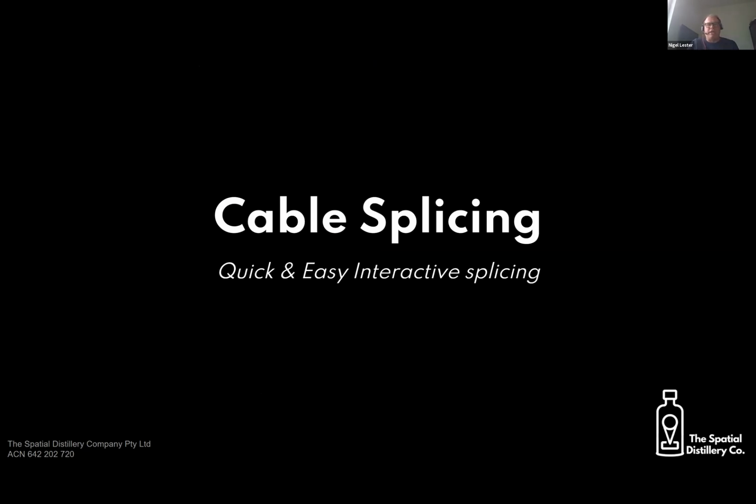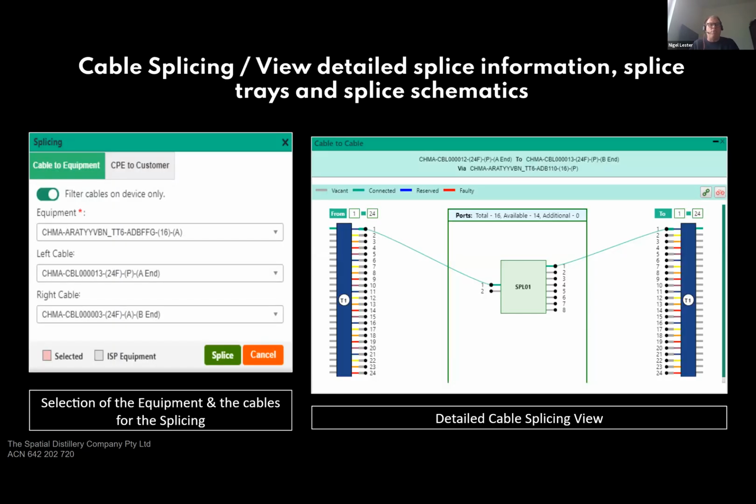One of the other really great features is actually making it very easy to maintain and quickly create any cable splicing. So we have a really nice drag and drop interface so that when you're connecting two cables through a splitter or a splice closure, it's just a drag and drop interface to make those connections.